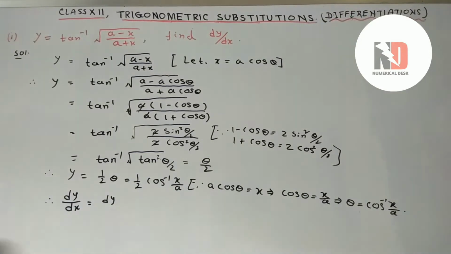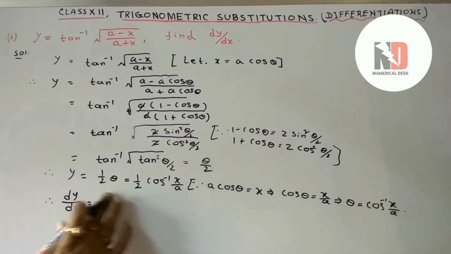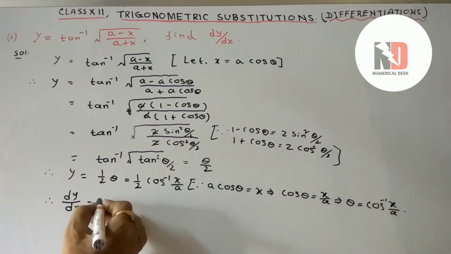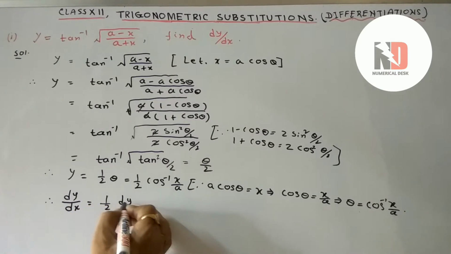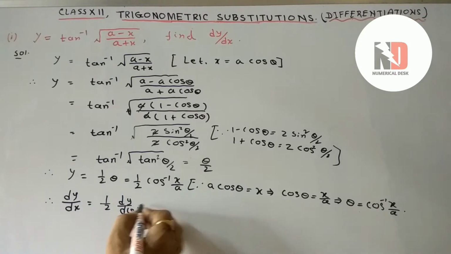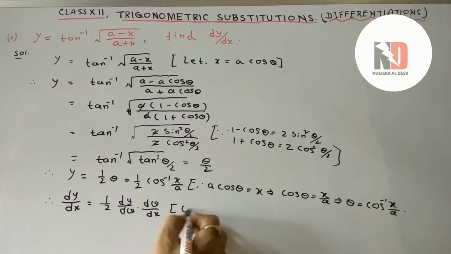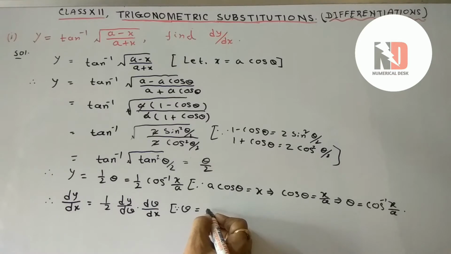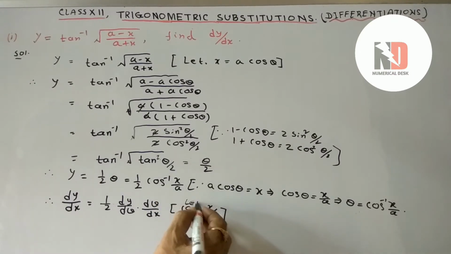So dy by dx. Half is a constant, so first write half outside, and then cos inverse x by a. X by a is not in the direct general form, so we can replace x by a equal to v. Always when it is not in the direct formula, this is the basis of the chain rule: substitute and again get the differentiation of the value you have substituted.